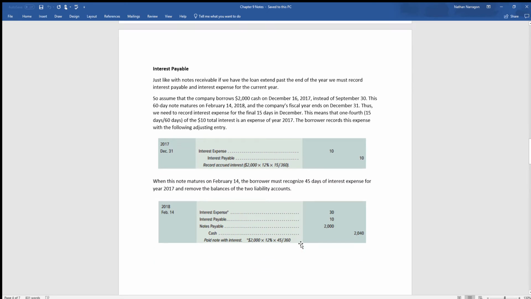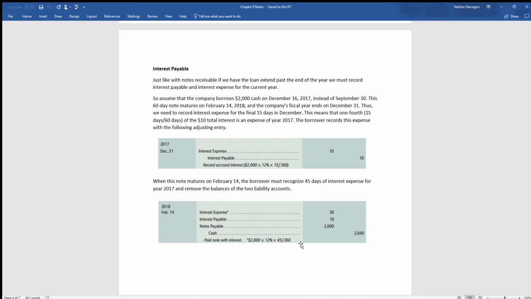Just like with Chapter 7, where we had interest receivable, well, guess what? We come out with interest payable. Again, if the loan goes past December 31st, usually the end of the cycle for most companies, so it's going past their actual fiscal year, we have to now record interest payable.